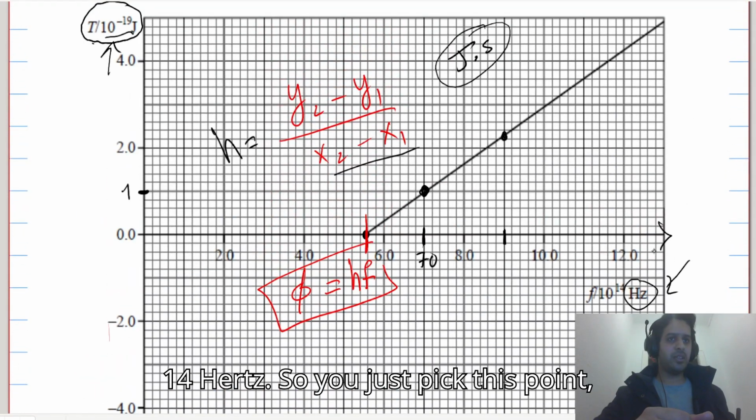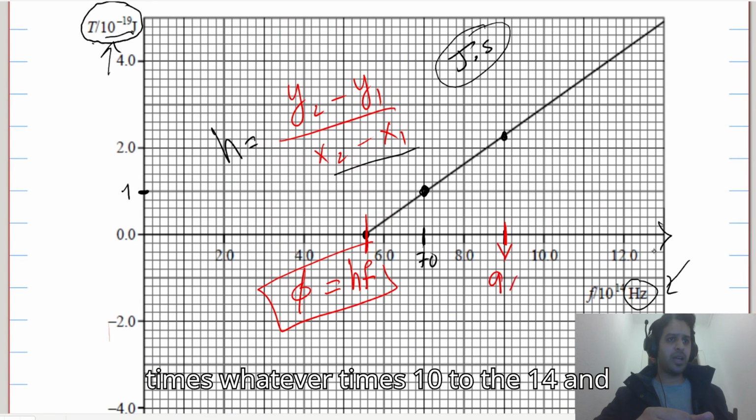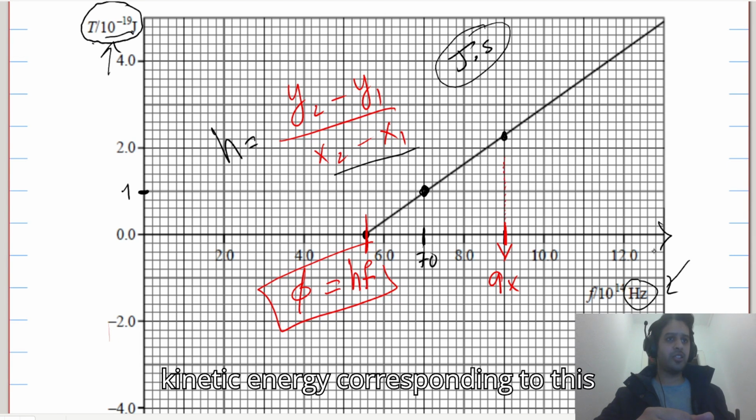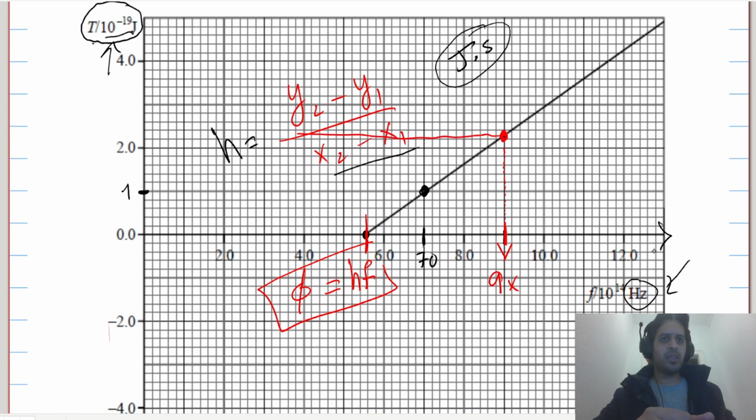So you just pick this point, which is 9 times 10 to the 14, and you can read the kinetic energy corresponding to this frequency. And this is the energy that you see.